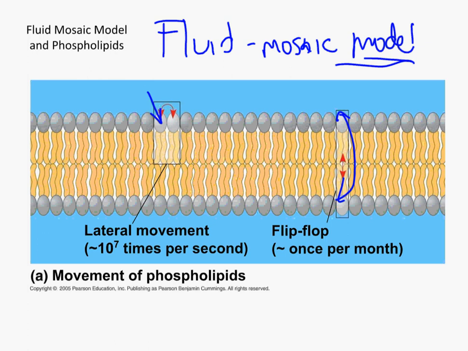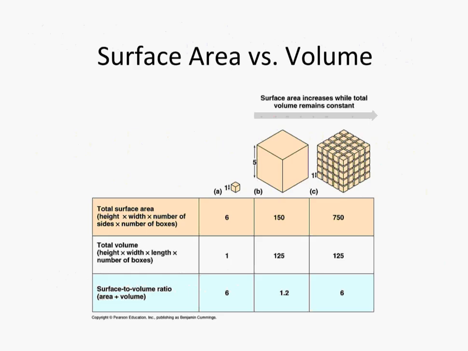Now, when we begin talking about molecular transport in the next video, I think it's important for us to rehash this idea of cell surface area to volume, and cell surface area versus the size of the cell, how efficient those cells can be. Again, the cell's volume increases at a much more rapid rate than its surface area.